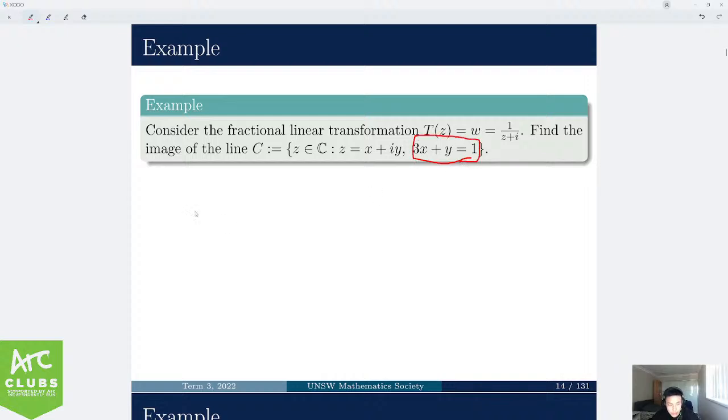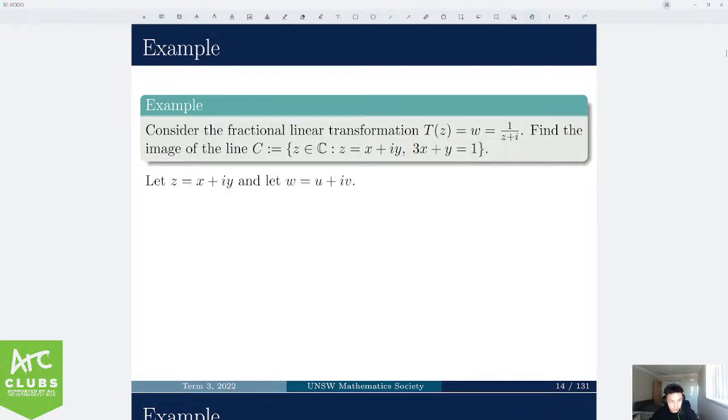We know this rule, and if we find x as a function of u and v, and also y as a function of u and v, then we can plug these two values straight into this equation, 3x + y = 1, and we essentially have a relationship between u and v, and that would give the image of the set.